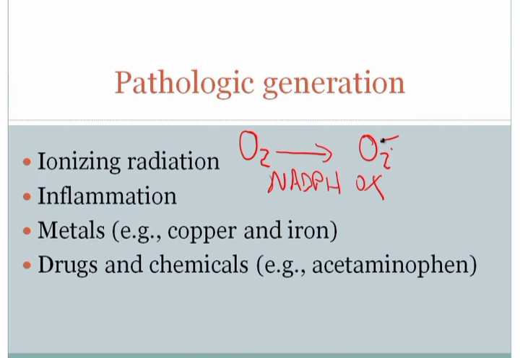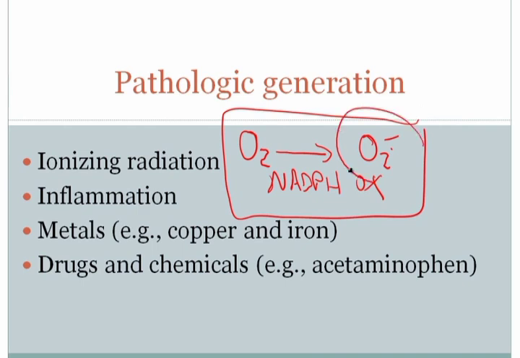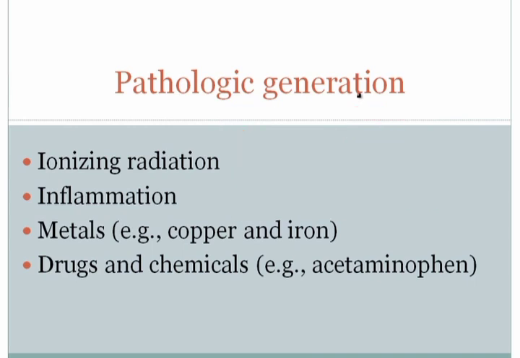However, what I really want to highlight here is this very first reaction. That first reaction in oxygen-dependent killing generates free radical, and so in particular the superoxide free radical. And so inflammation is another mechanism by which free radicals are formed. A third pathologic mechanism by which free radicals can form is by interaction with metals, for example, copper and iron.